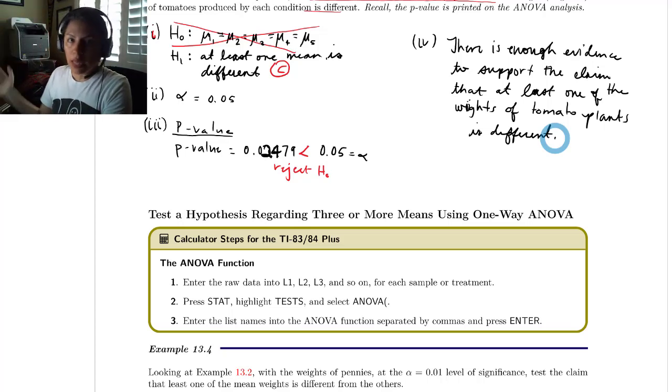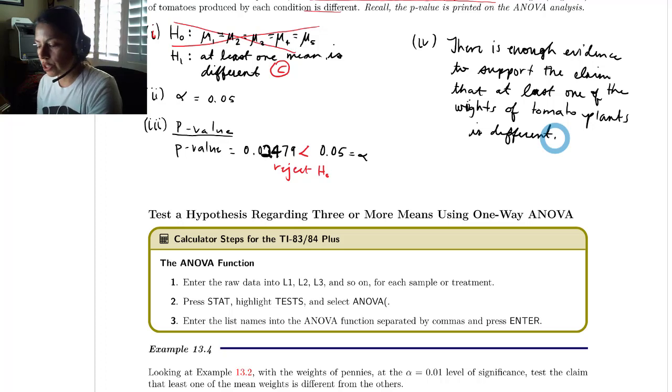And so that's really how the hypothesis test goes. You just set up your null and alternative, select an alpha, and then obtain a p-value.